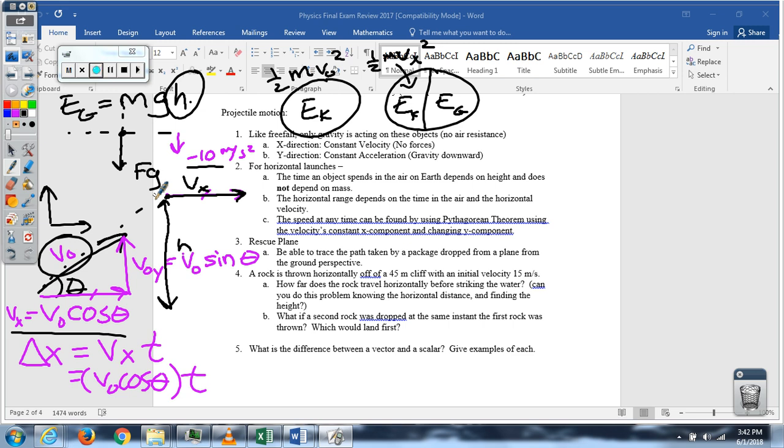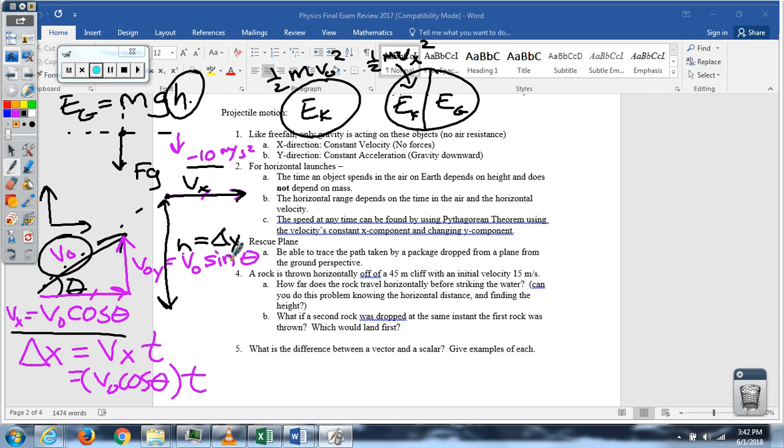So you can figure out the height using the time independent equation, v squared equals v0 squared plus 2a delta y, and that could help you to find delta y, which is the same thing here as h. So again, it depends on what you're comfortable with.